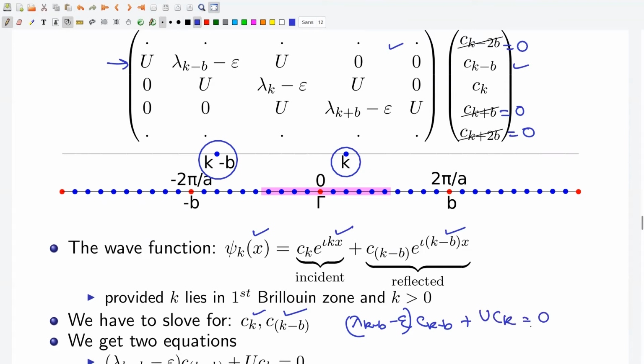This is equal to 0. Then we multiply this row with the column vector. So the first term is 0. The second term is u times c(k minus b) plus lambda_k minus epsilon times c_k is equal to 0.